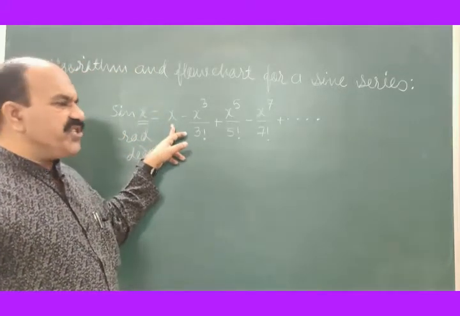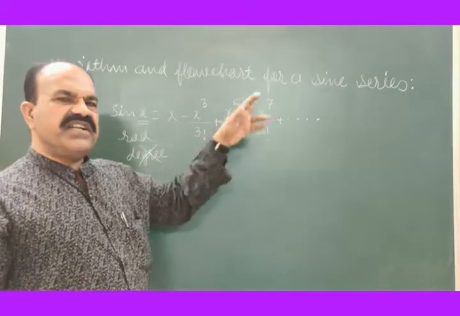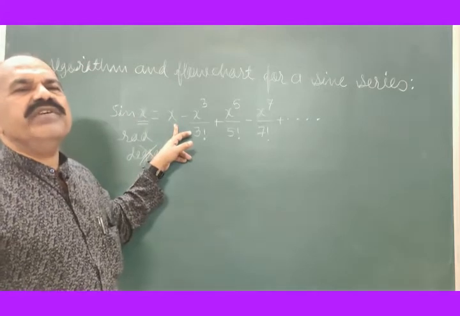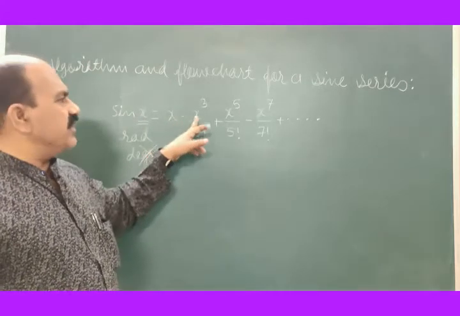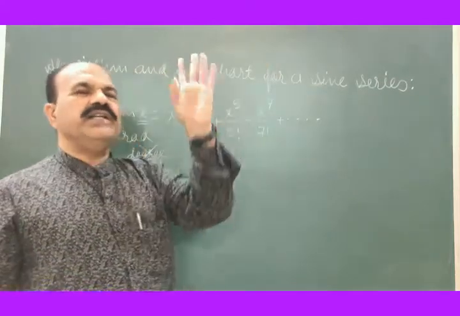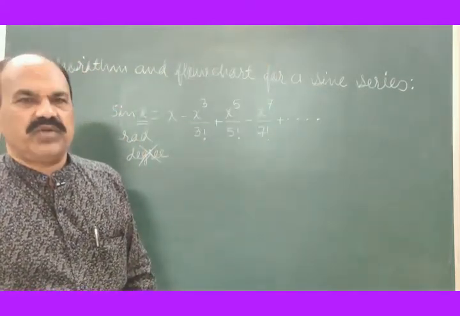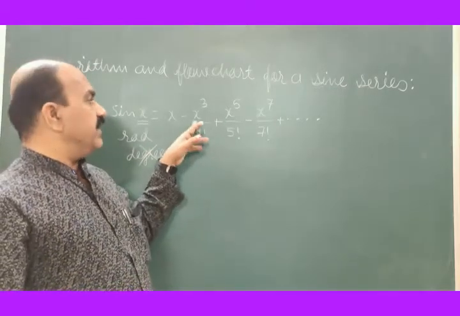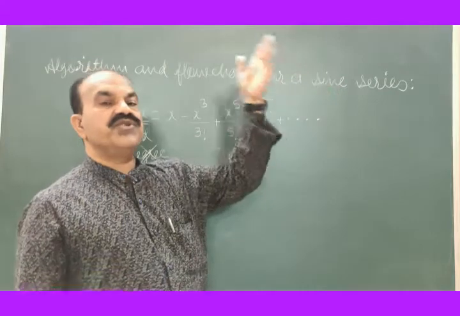when you consider this in radian, these terms will be very small. All the terms will be very, very small. So we have to find this term, and this term, and so on.